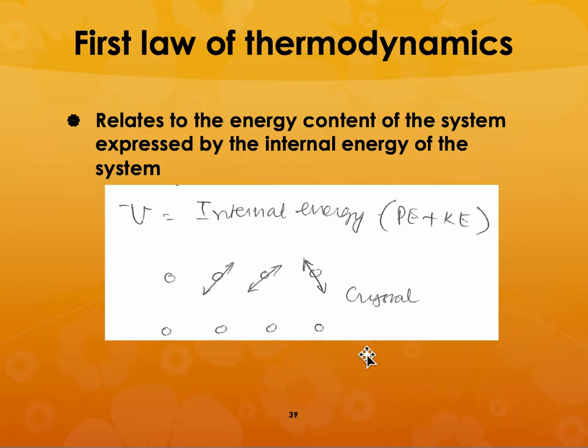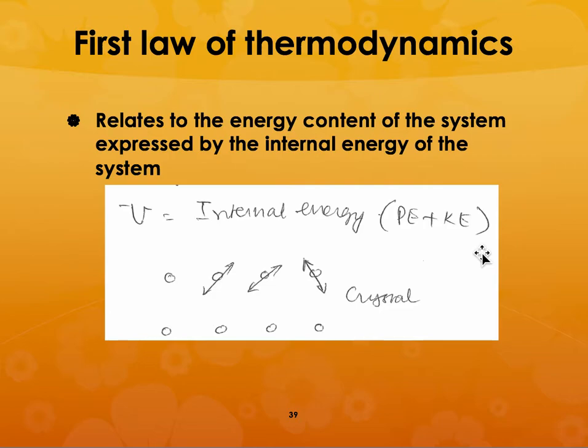What is the first law of thermodynamics? In this case, especially for crystal structures, it relates to the energy content of the system expressed by the internal energy of the system. So the same way, for any system, you have a combination of potential energy and kinetic energy.